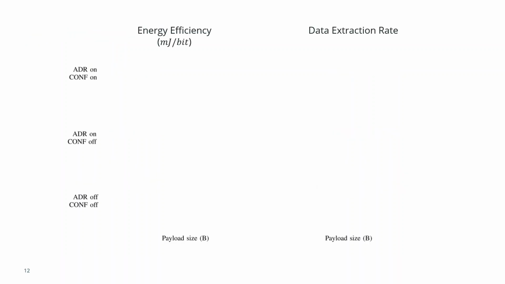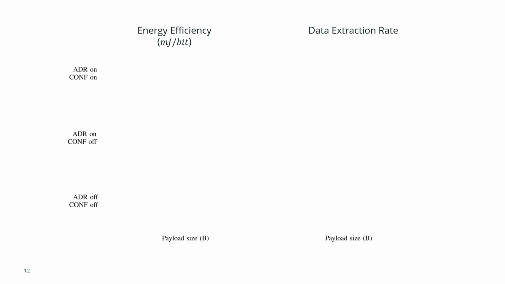These metrics are evaluated in three different scenarios. First, when enabling both the adaptive data rate mechanism and confirmed messages. These confirmed messages allow us to ask for retransmissions if the packet is not received by the gateway. Network-related data is piggybacked with the acknowledgement from the network and allows us to get feedback for the ADR mechanism more quickly.